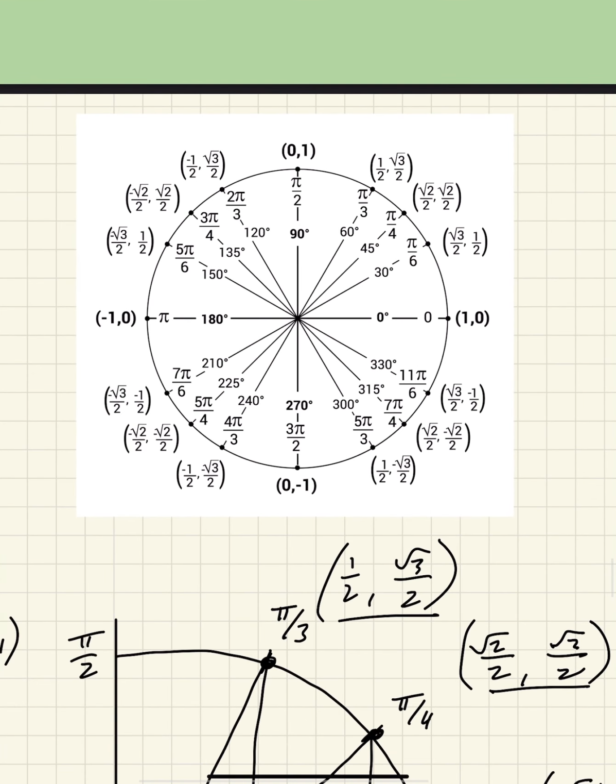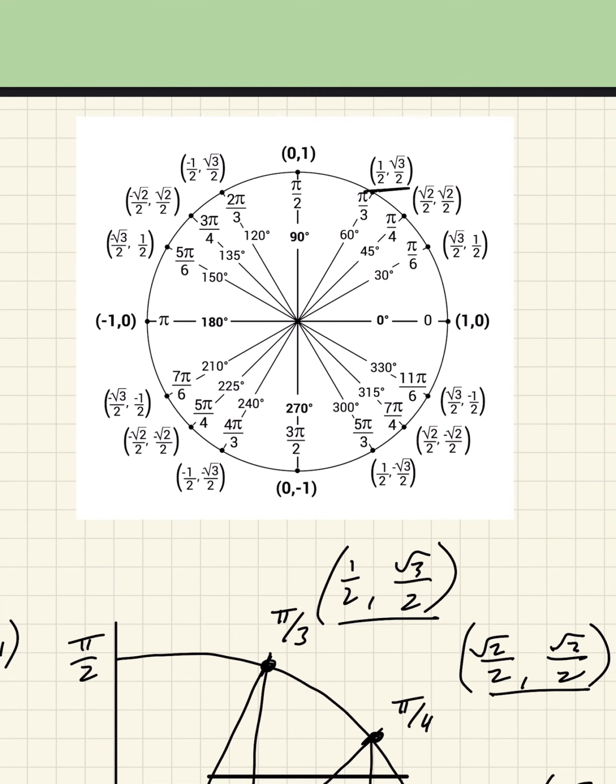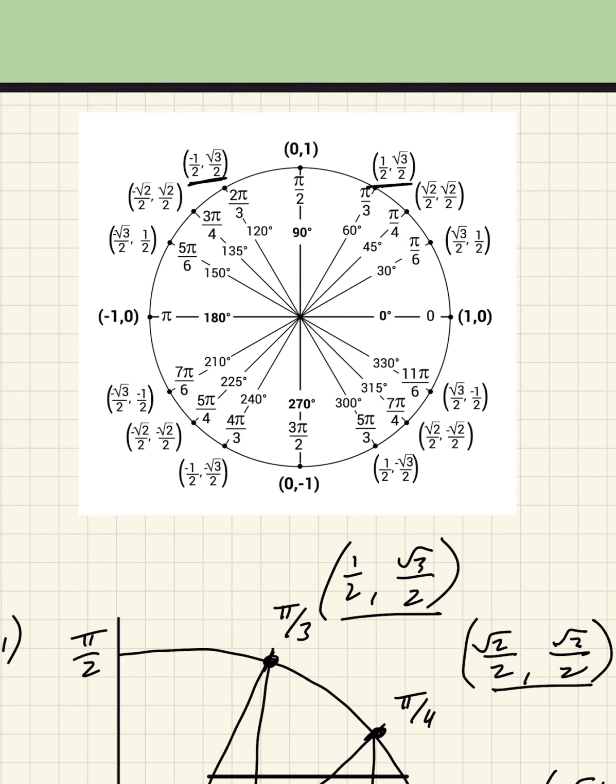We can check it by going back to our unit circle, right? So here we have 1/2, root 3 over 2. This becomes negative 1/2, root 3 over 2, which becomes negative 1/2, negative root 3 over 2, which becomes 1/2, negative root 3 over 2.